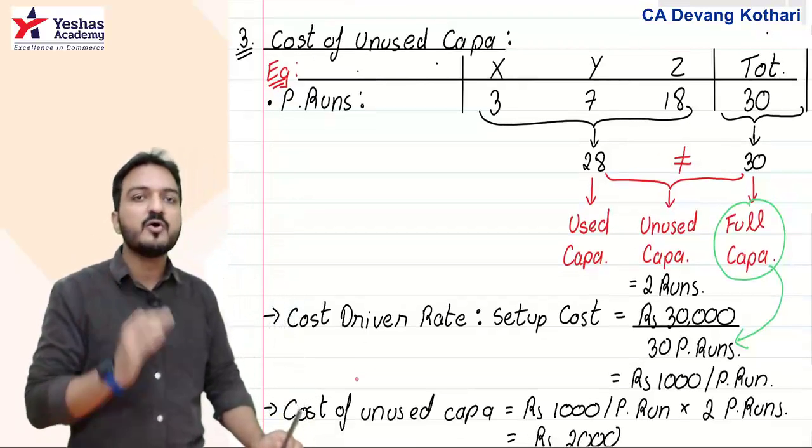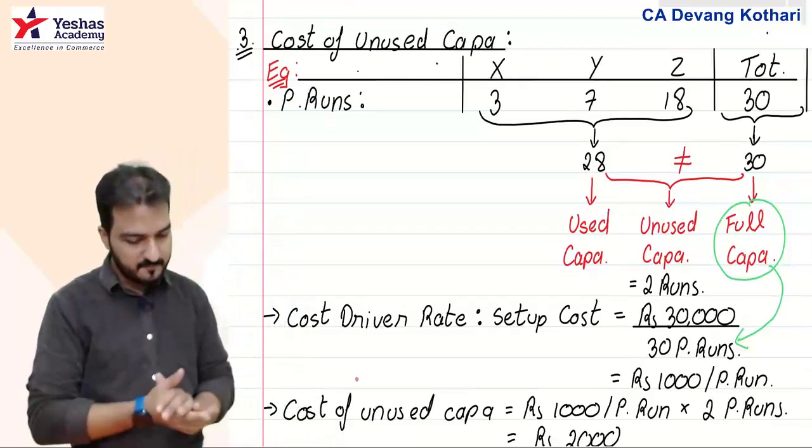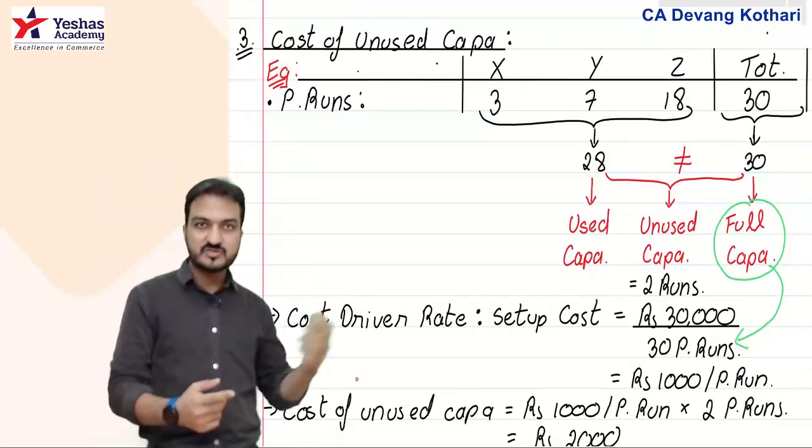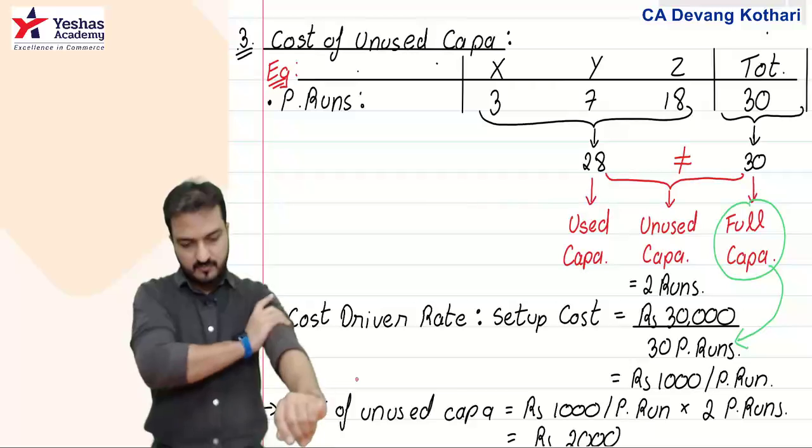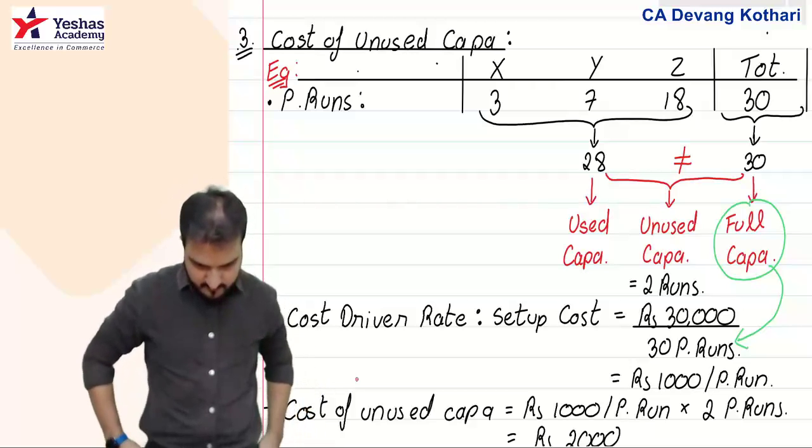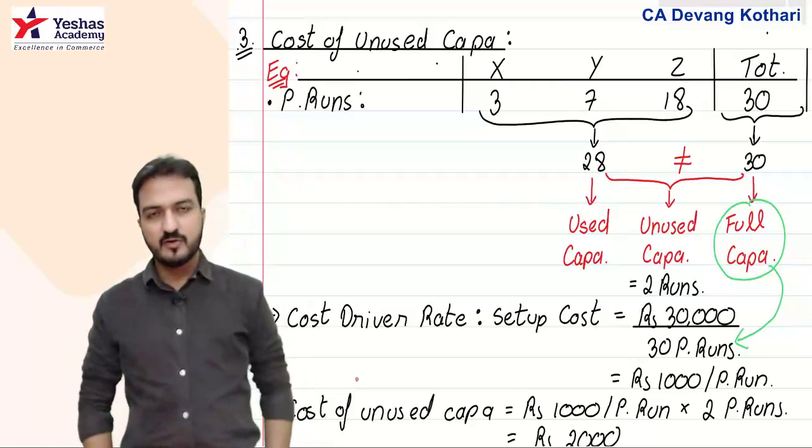Don't write the example. First, I'll dictate some notes. Write down the heading as cost of unused capacity. Under that, write down only 1 or 2 lines.